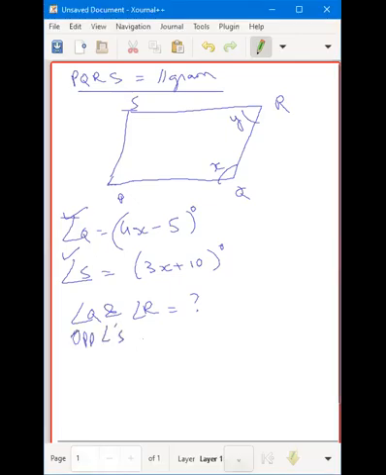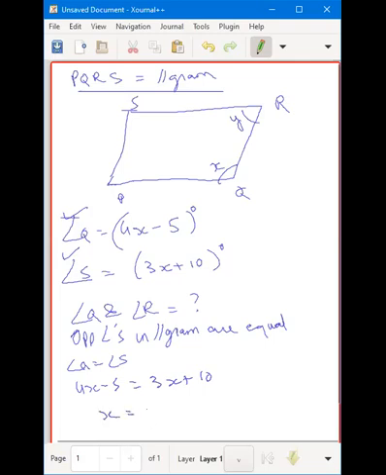Opposite angles in a parallelogram are equal. That means angle Q will be equal to angle S. That means 4x minus 5 will be equal to 3x plus 10. Can you quickly solve for x and let me know what is the value of x?